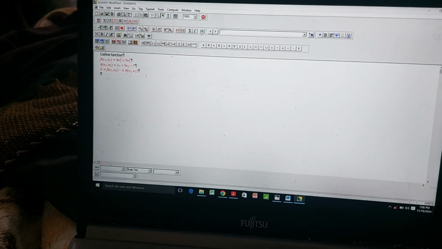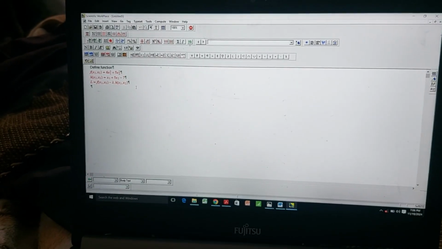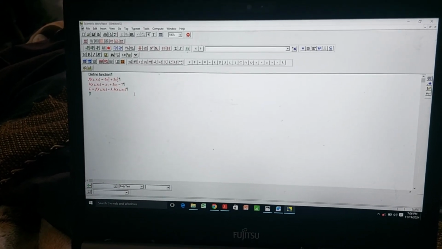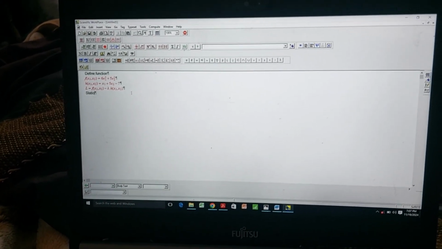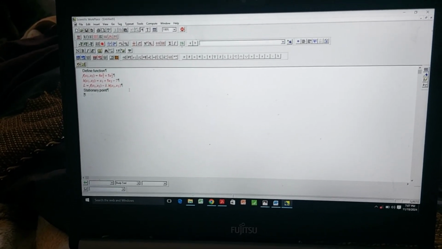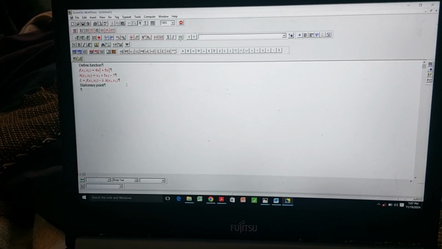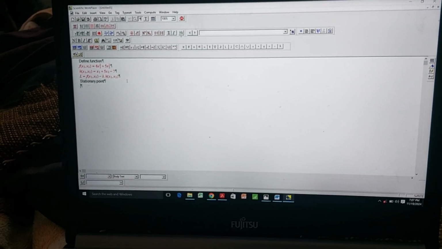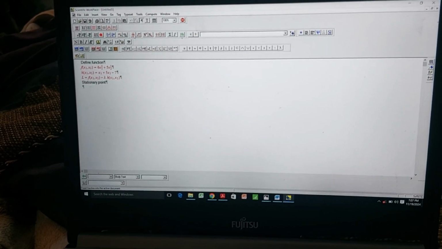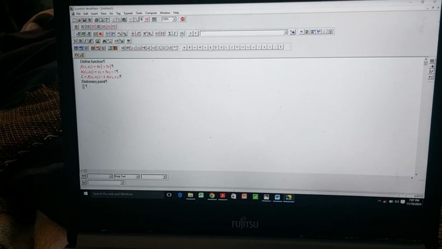Now we have the Lagrangian function over here. What we need to do is find the stationary points, and for stationary points I need to take the partial derivative with respect to x1, x2 and lambda. For partial derivatives I must go to the fraction option over here. Click on this and make the fractions.